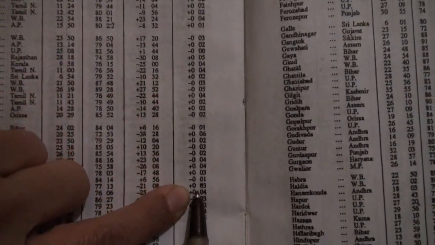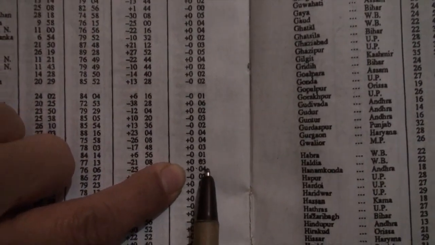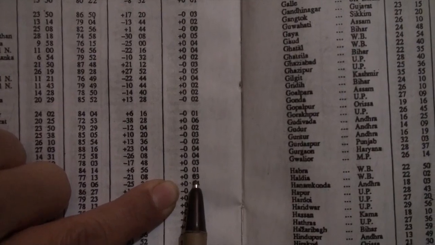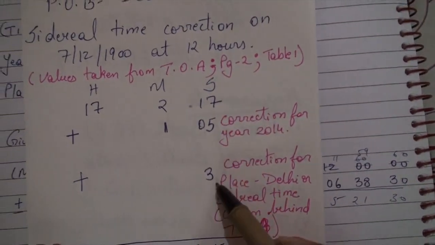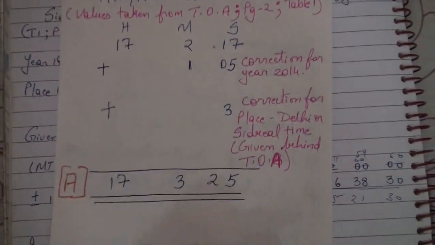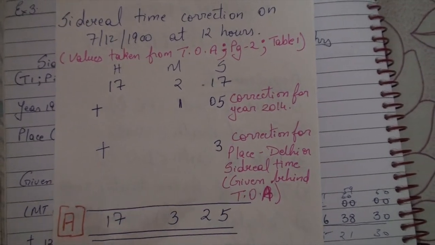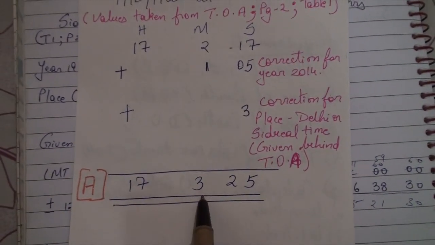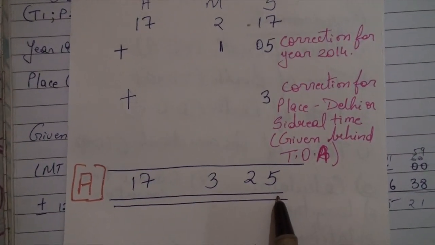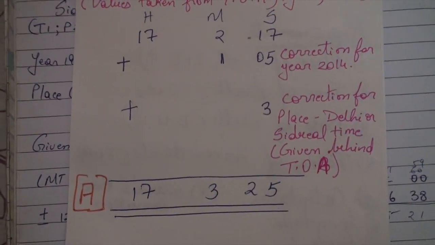Go to the column called correction to Indian sidereal time, and the correction is plus 0 minutes 3 seconds. So we'll add the value 3 seconds to the above figures. This will give us the value A. The value A comes as 17 hours 3 minutes 25 seconds.